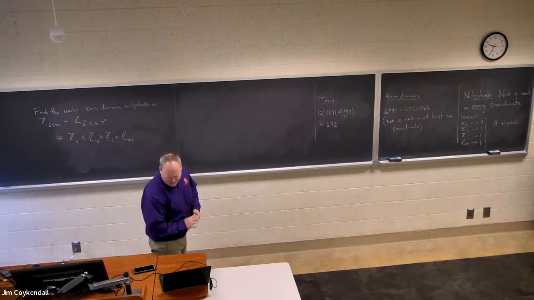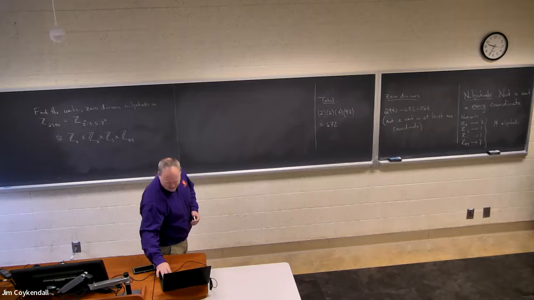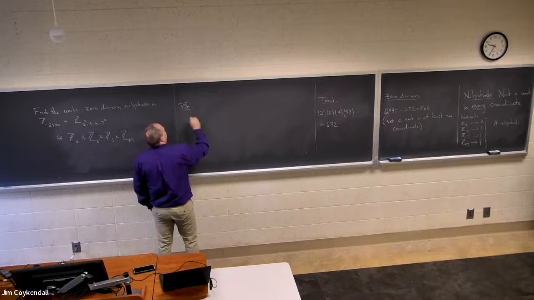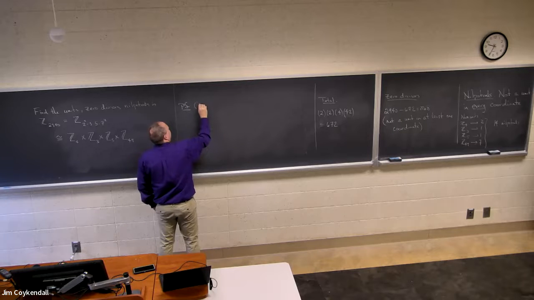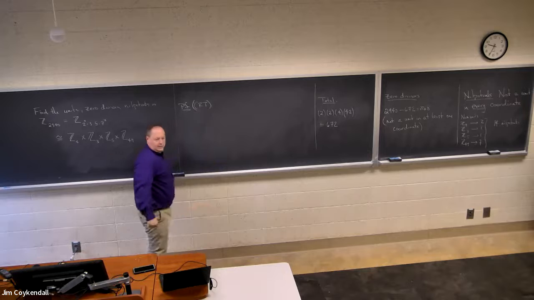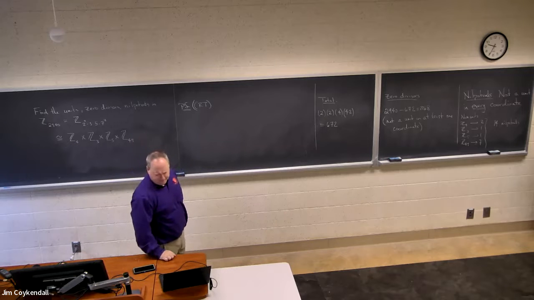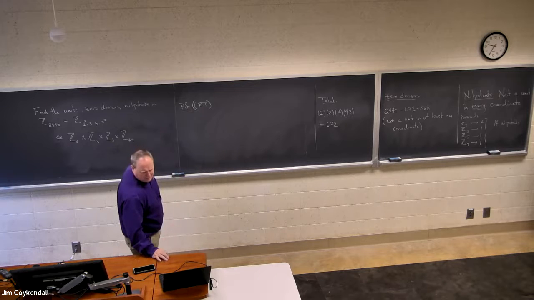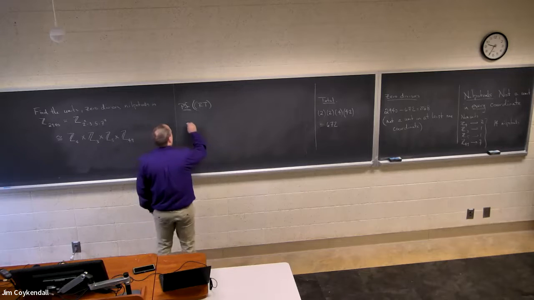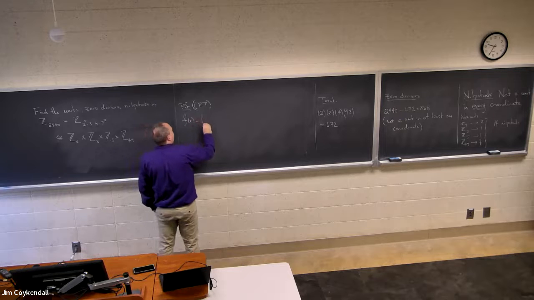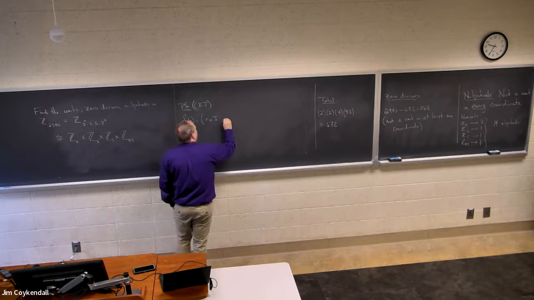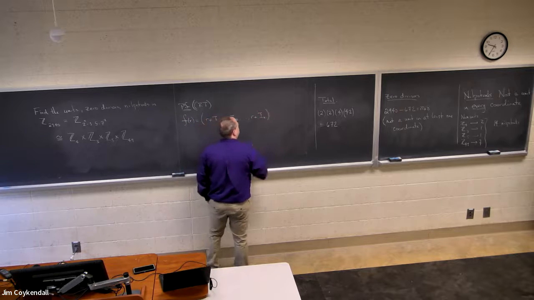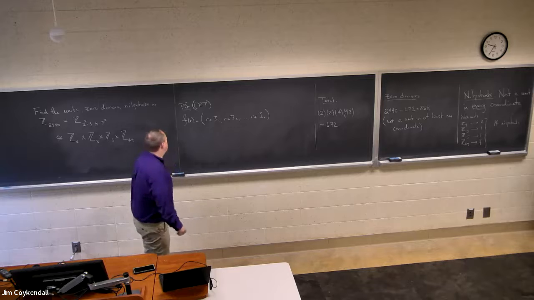Proof. Suppose f bar is R plus I1, R plus I2, R plus I10. I will briefly show that this is a homomorphism.